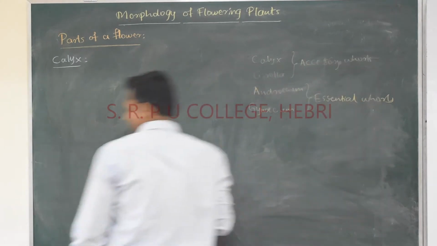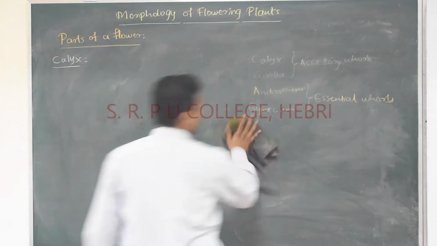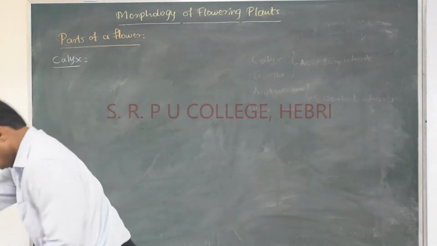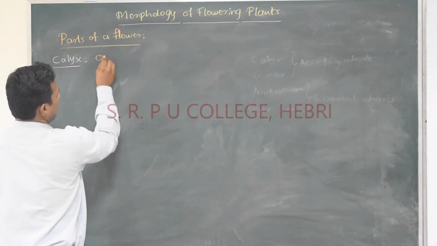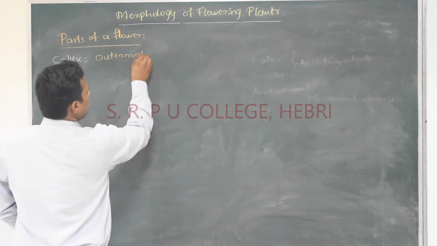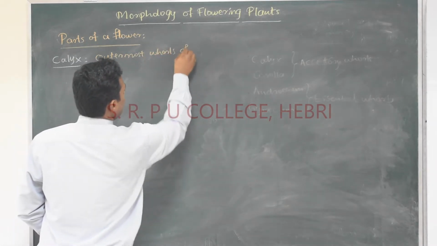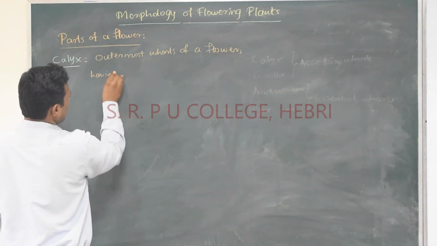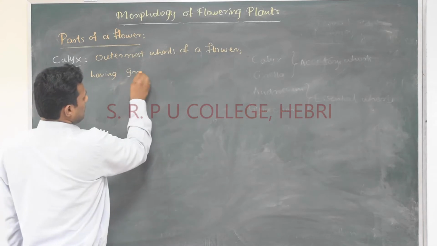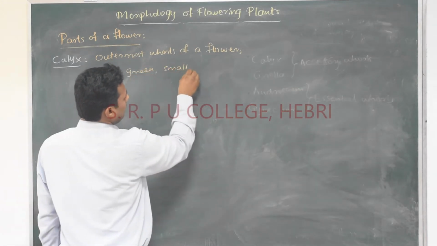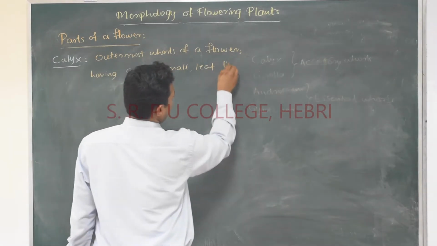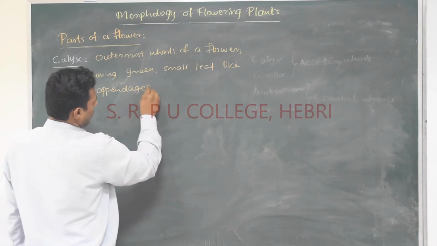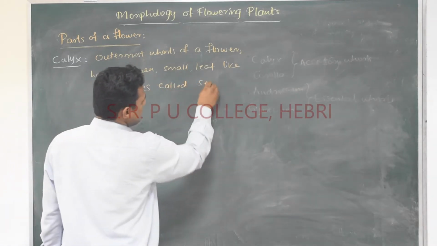So let me consider the calyx first. As you already know, calyx is the outermost whorl of a flower having small green leaf-like appendages called sepals.